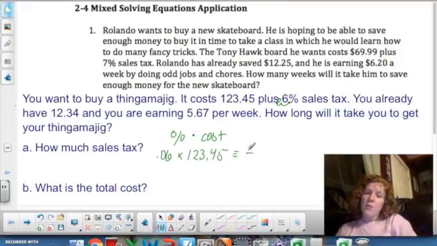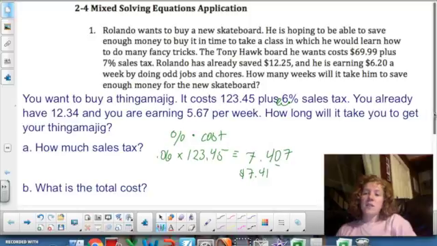Now, we're talking about money here. So unless you're at a gas station, we don't have money going to the third decimal place or the thousandths place. So we've got to round to the nearest penny. Because this value is greater than 5, I'm going to round up, and that is $7.41. That's how much I'm going to have to pay in tax.